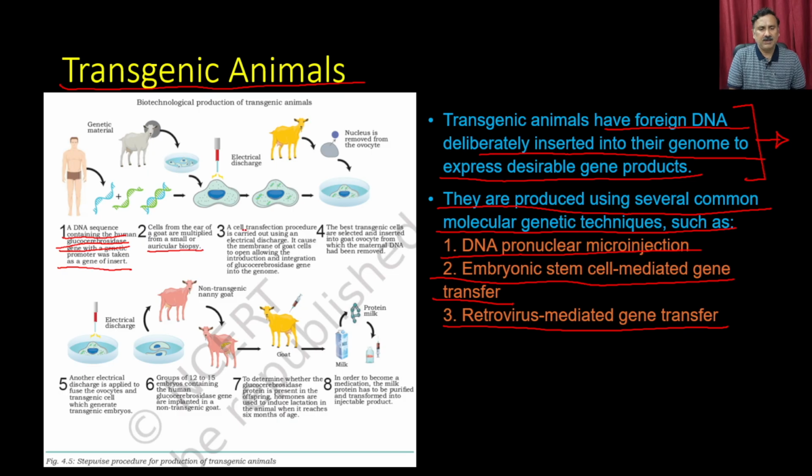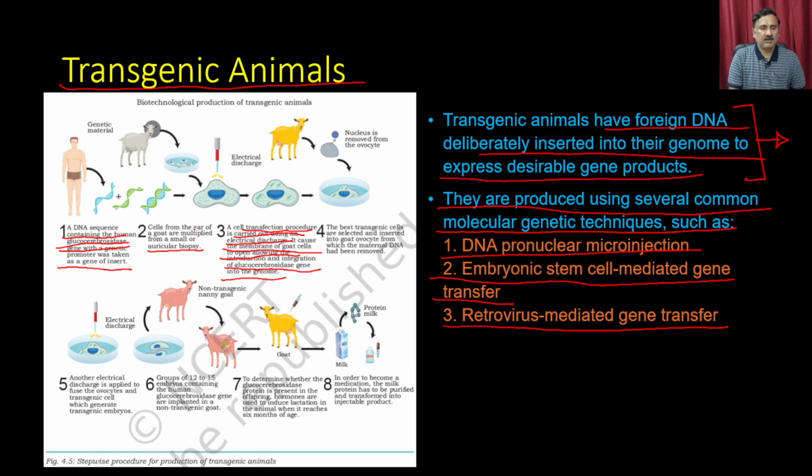Then a cell transfection procedure is carried out using an electrical discharge. It causes the membrane of the goat cell to open, allowing the integration of the gene into the genome. So, that is how you have isolated a gene from humans.